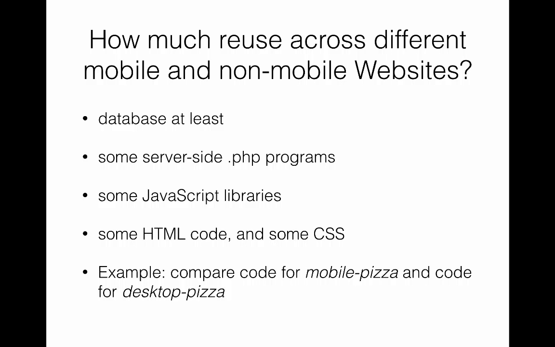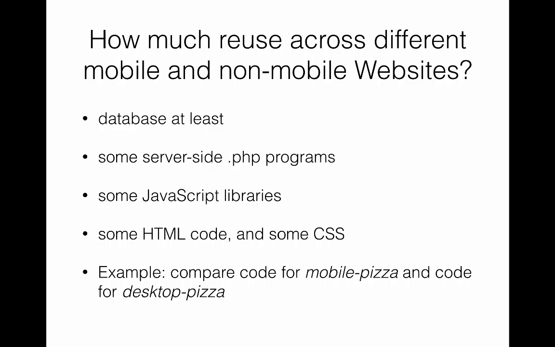So across these two different versions, whether you're accessing the m version or the desktop www version, you are accessing the same database. So in that case, you're at least sharing the database, and that's very common, right? So whether you're accessing the information from the mobile device or desktop, you want to access the same database information.